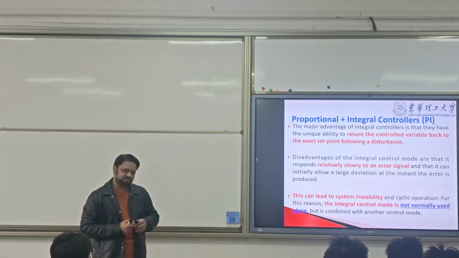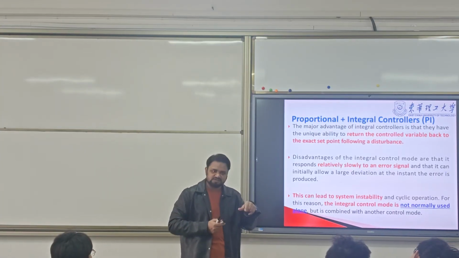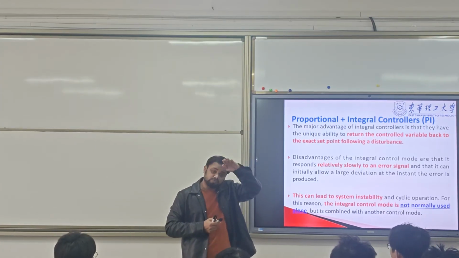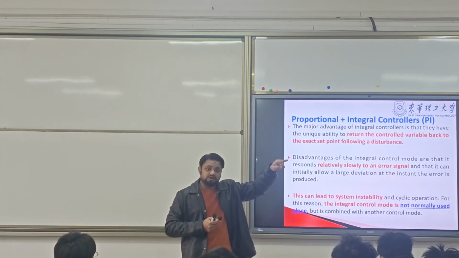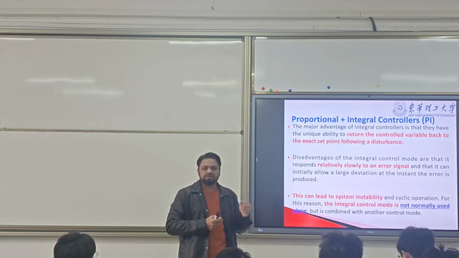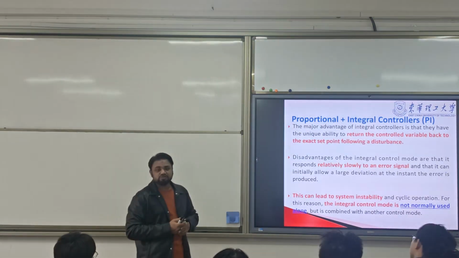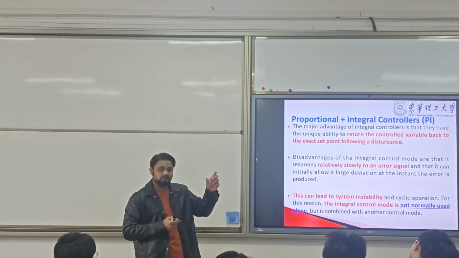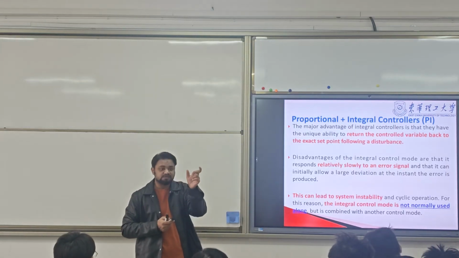If the system does not respond fast, it will make much more error, even though it is reaching the same output, the same point. But if it is slow, then it will make some error. So this integral control is not used alone, it is combined with proportional control. That is why we do not use only I, we use PI together.